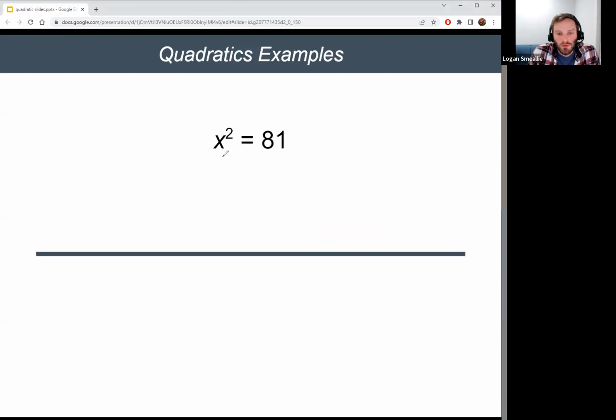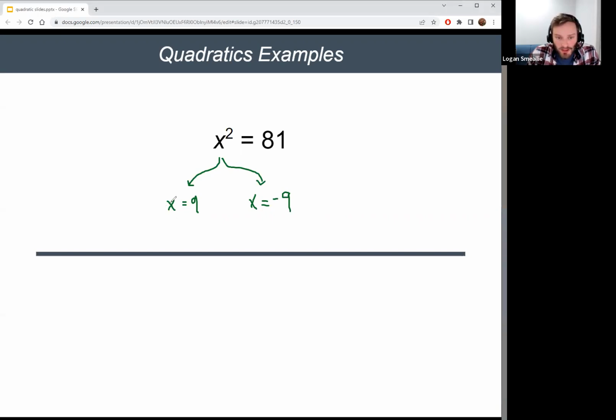But there is more going on here, because technically it is possible that x equals 9, and it is also possible that x equals -9. Just plug those back in and you'll see why. 9 squared gives 81, -9 squared gives 81. The same would be true for anything squared equals a positive number. There are going to be two options, a positive and a negative version, to create that one positive number.